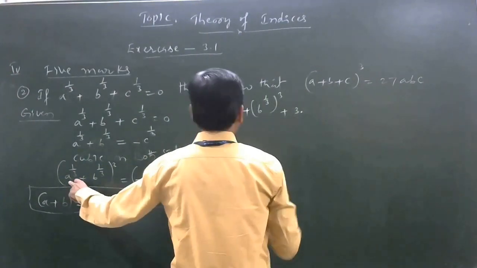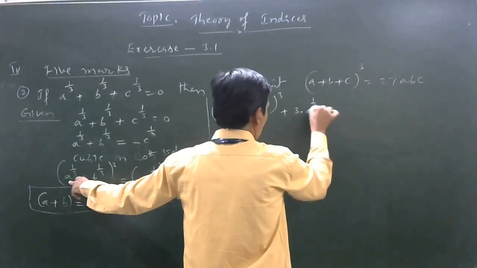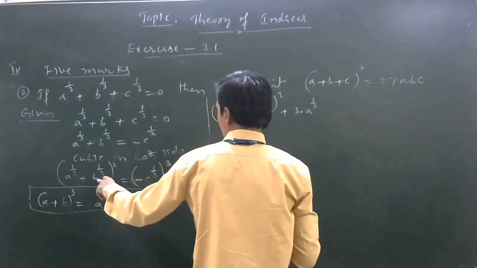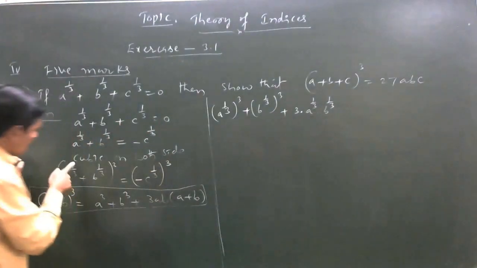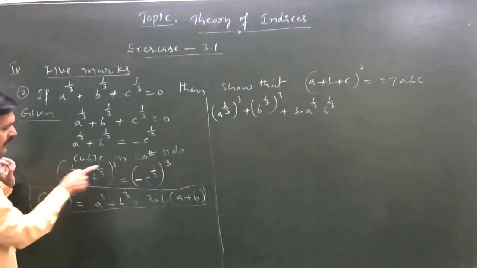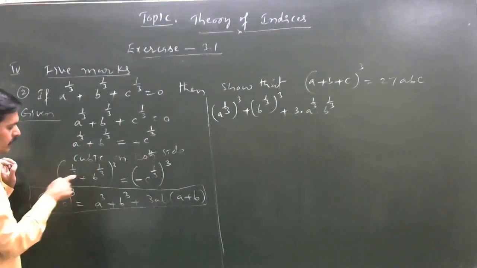Here what is a? A power 1 by 3, and b is b power 1 by 3.